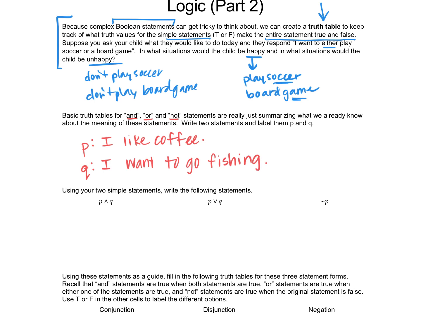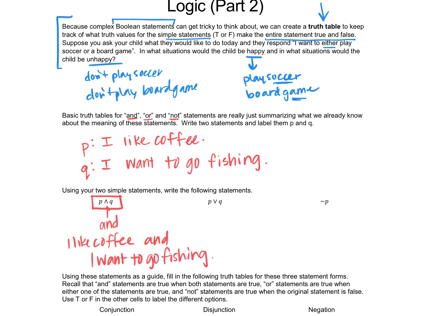So using these two simple statements, if we want to write what the symbols mean, remember that we have that upside down V, that means and. So we're going to say that I like coffee and I want to go fishing. Now the next one, we have the right side up V, that means or.